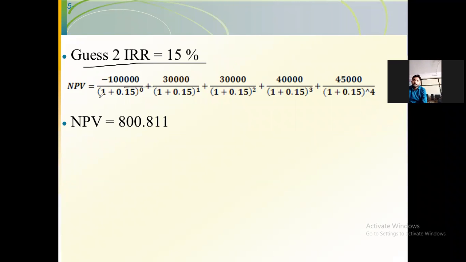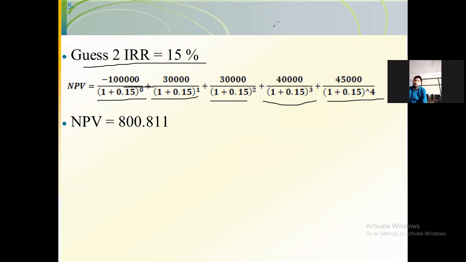Calculate the NPV. So NPV is equal to minus 1 lakh divided by (1 plus 0.15) raised to 0, plus 30,000 divided by (1 plus 0.15) raised to 1, plus 30,000 divided by (1 plus 0.15) squared, plus 40,000 divided by (1 plus 0.15) cubed, and the last one, 45,000 divided by (1 plus 0.15) raised to 4.